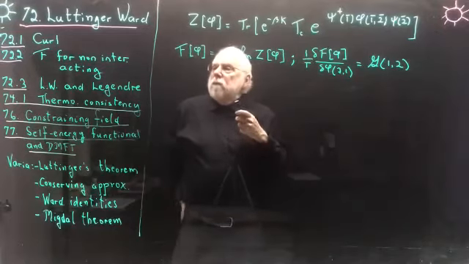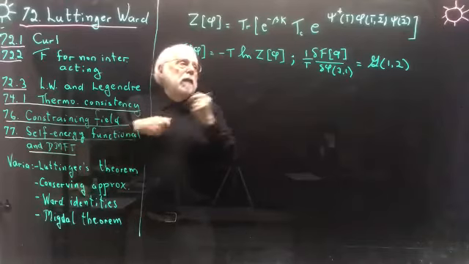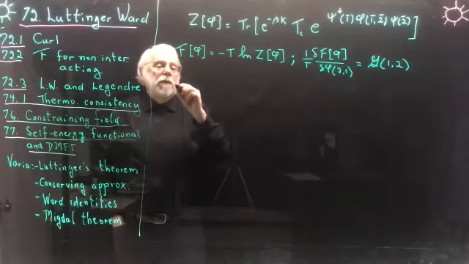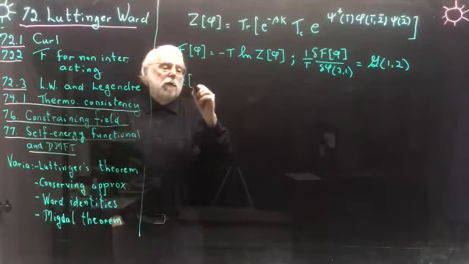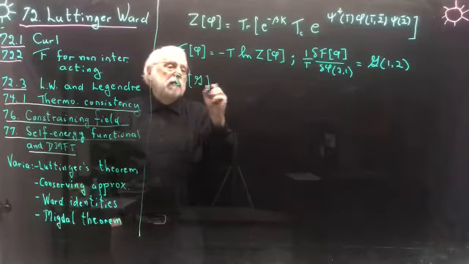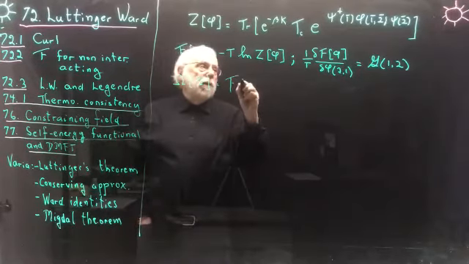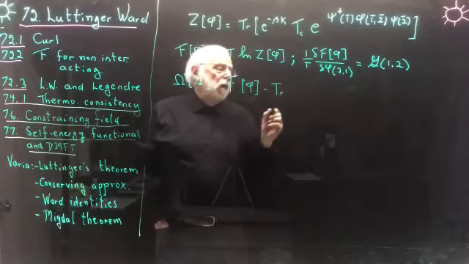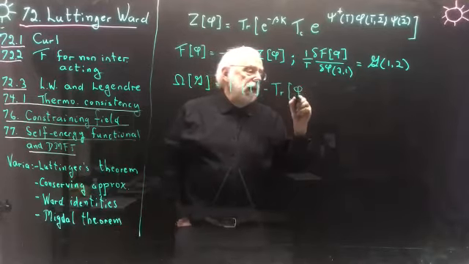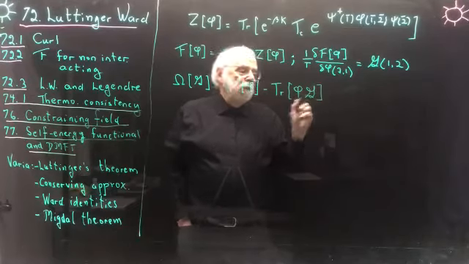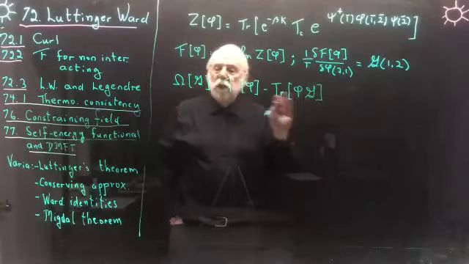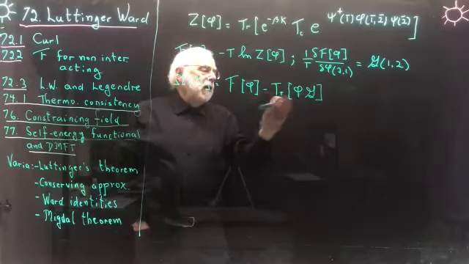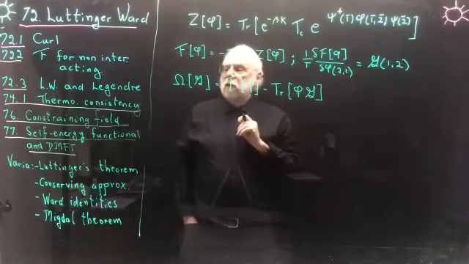So the Legendre transform is based on this relation here, and we define omega of G as F of phi minus a trace of phi G. So in other words, we want to go from phi to G. And to eliminate phi, we use this relation.